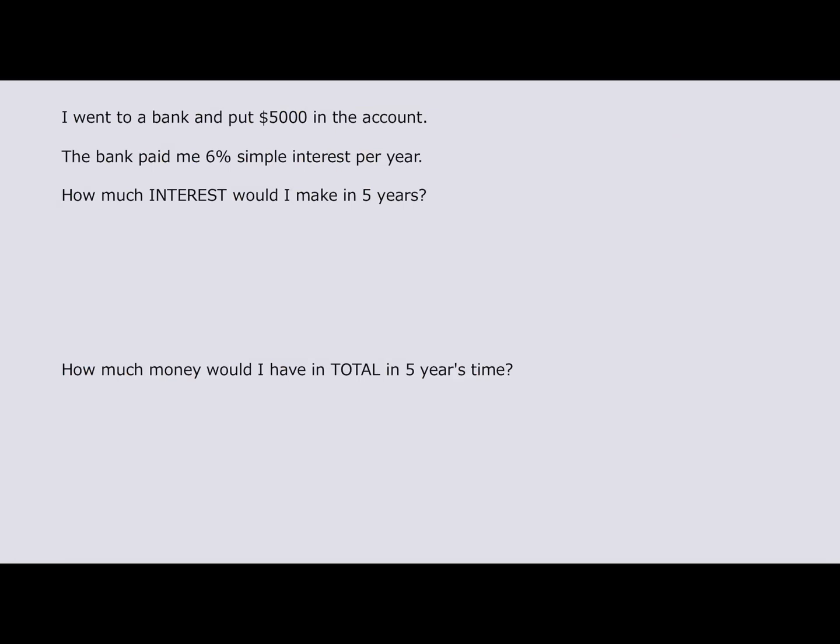So I went to a bank and I put $5,000 in the account. The bank paid me 6% simple interest per year. How much interest would I make in 5 years? Now, if we want to work out the simple interest, we're just going to say, what's 6% as a multiplier?